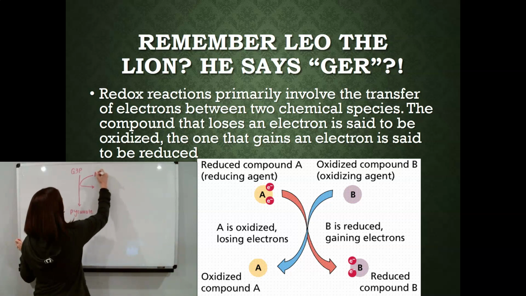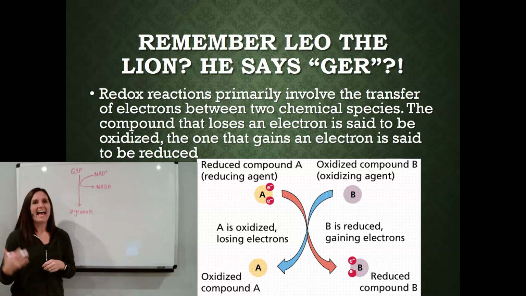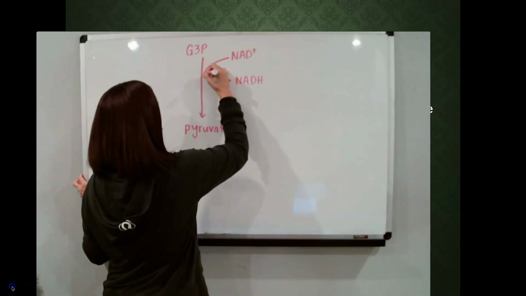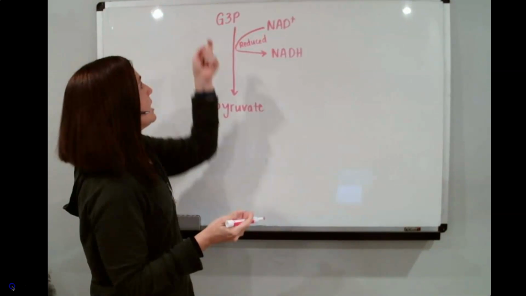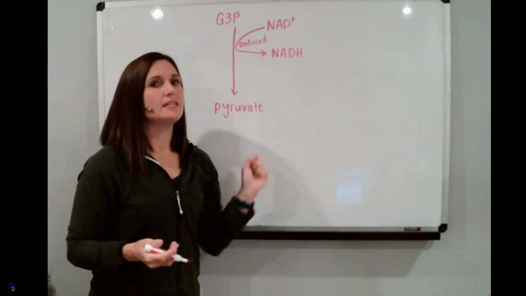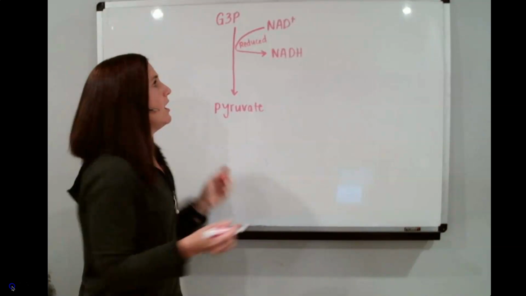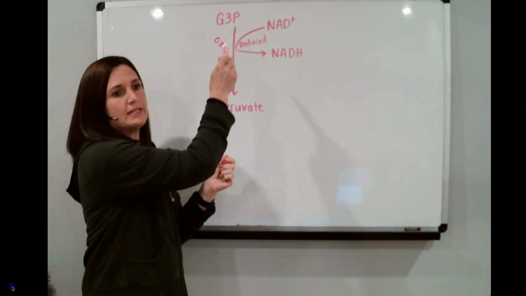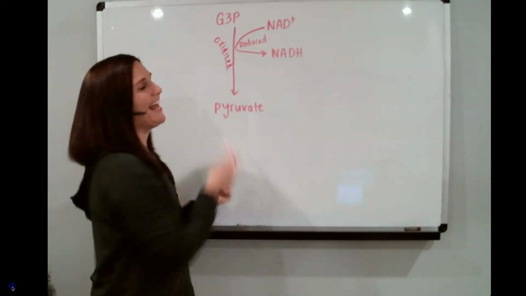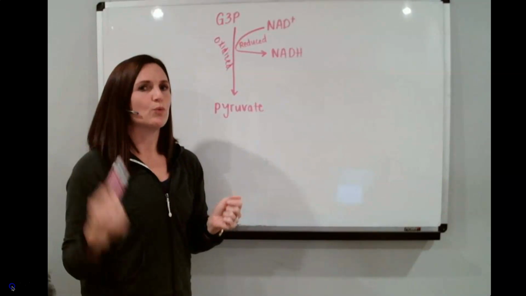So in this case, NAD plus is becoming NADH. NAD is gaining an electron to become NADH. So this is reduced. Meanwhile, G3P is losing electrons to become pyruvate. So G3P is being oxidized while NAD is getting reduced.